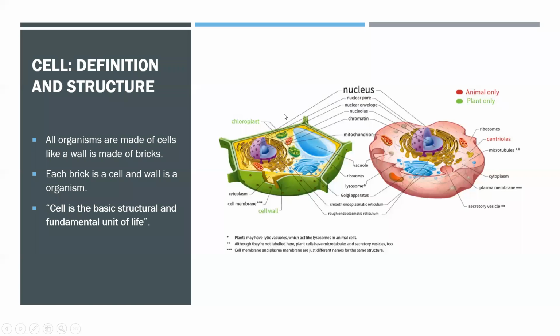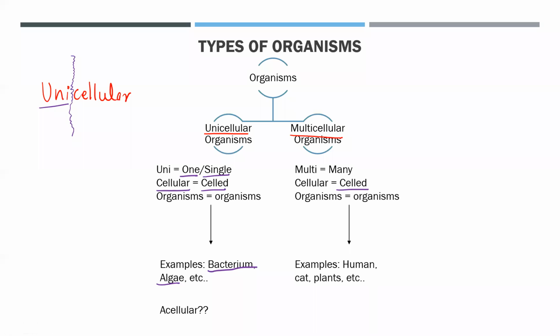One more thing. There's a term called acellular. Although I have given the definition in my section, in section A, I will also require you to find out what is acellular. Okay, so this is your homework. Find out what is acellular.